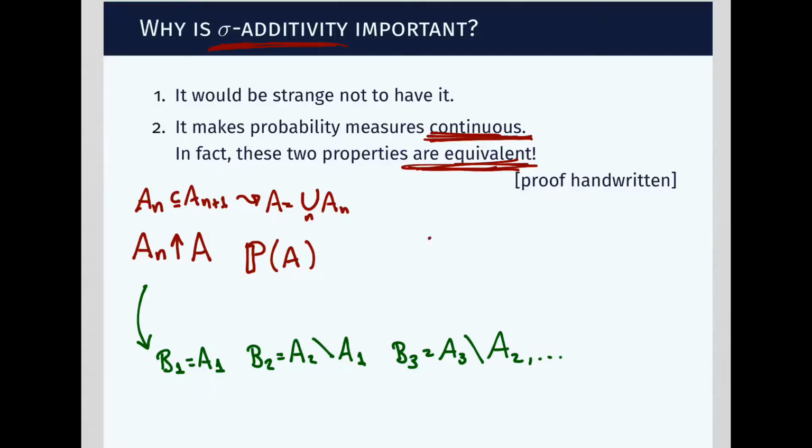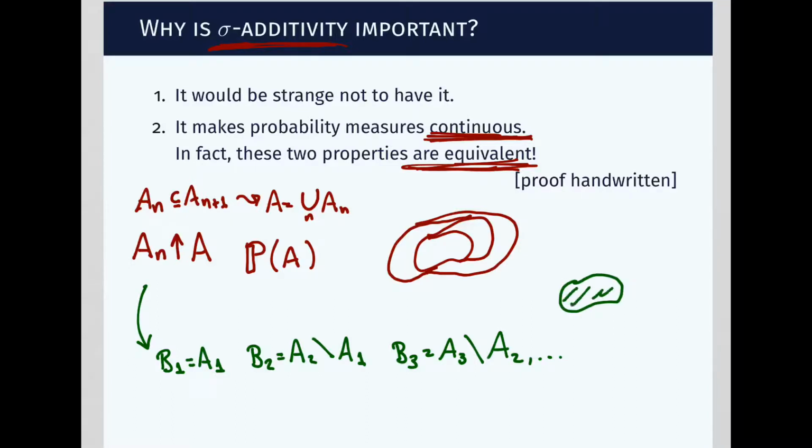So what we are doing here is we have a sequence of events. This sequence is increasing, it is getting larger and larger, and instead what I'm considering is the sequence of only the differences.